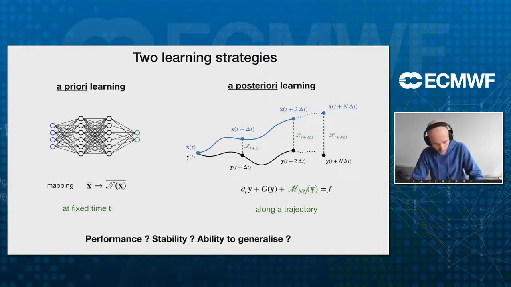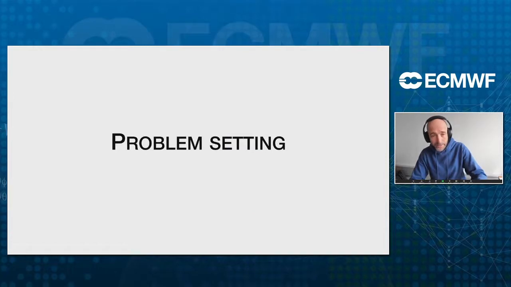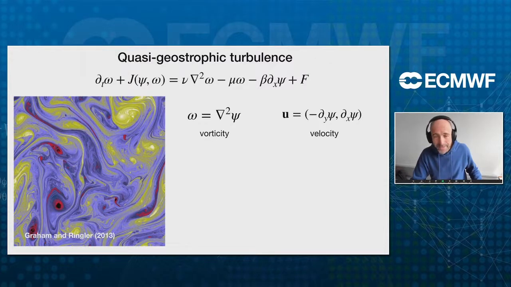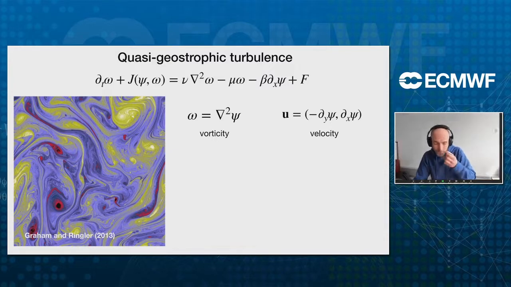The way we decided to approach that was to identify a problem that would be interesting and a bit challenging. We ended up deciding to use one of the simplest we could think of: quasi-geostrophic turbulence. You all know the equations here. You all know that velocity dynamics at planetary scale is somehow analogous to velocity dynamics in 2D incompressible Navier-Stokes equations.